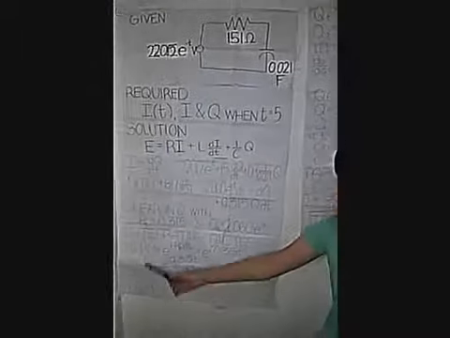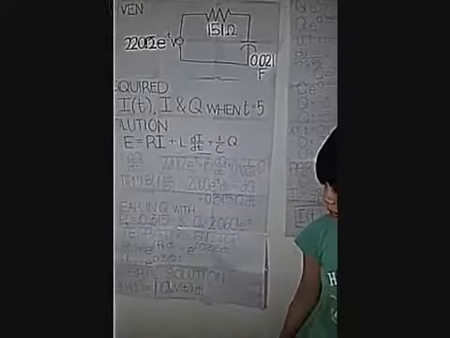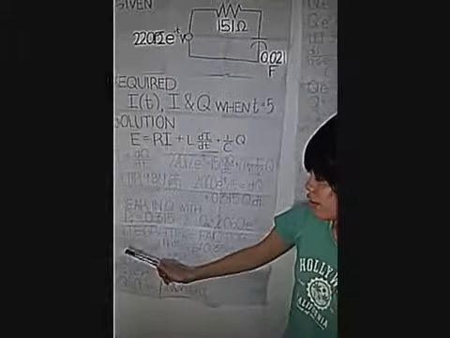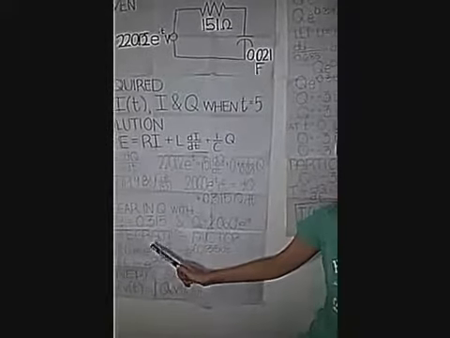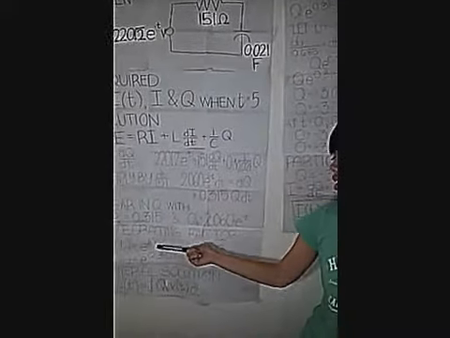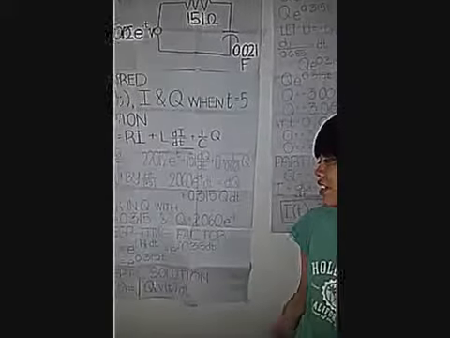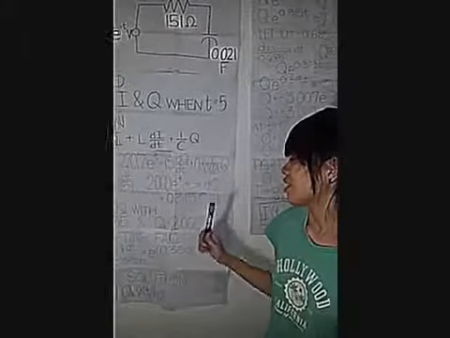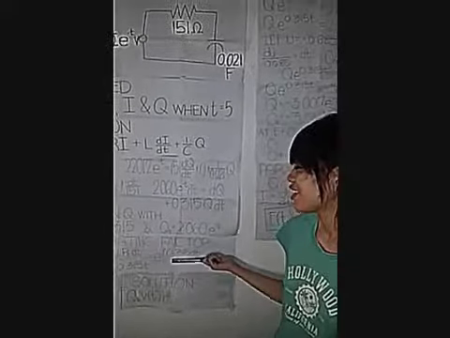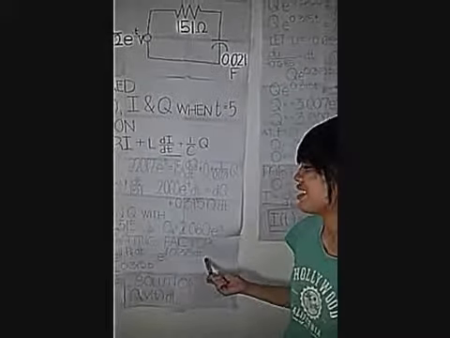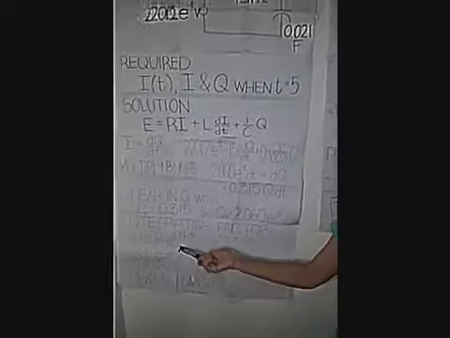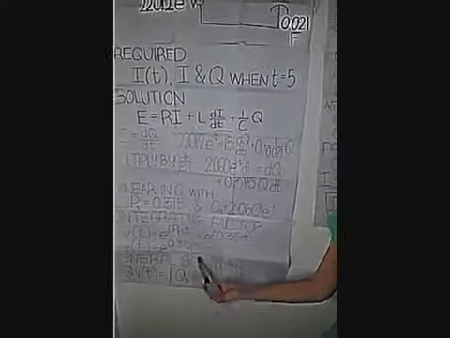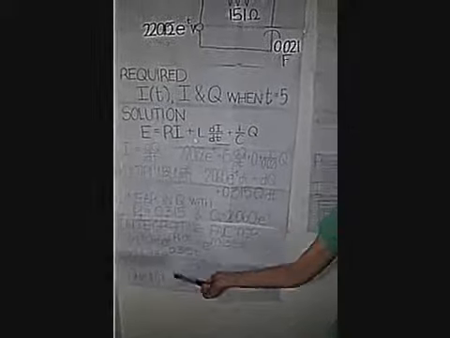The integrating factor would be v of t equal to e to the integral of p sub t dt, which is e to the integral of 0.315 dt. And the integral of that is 0.315t. The general solution.